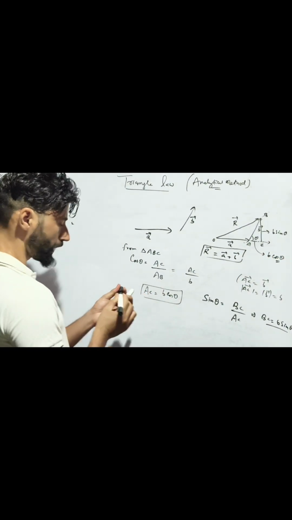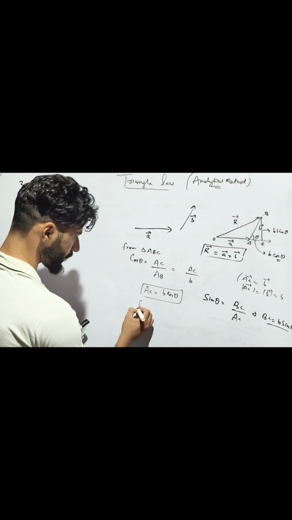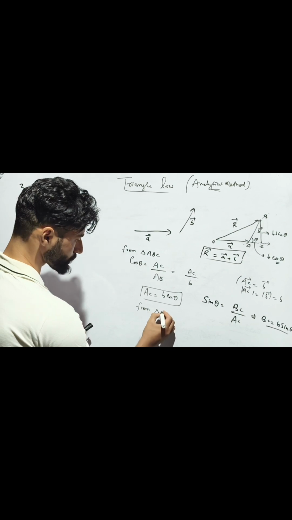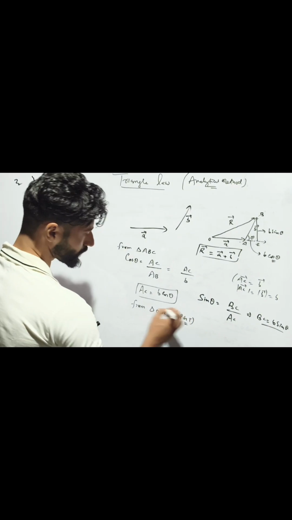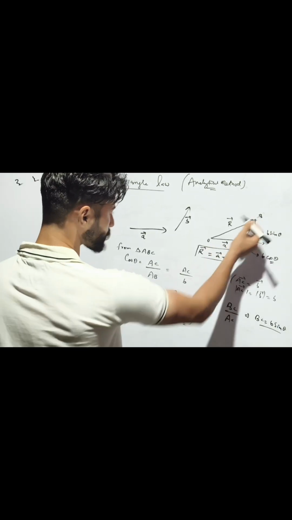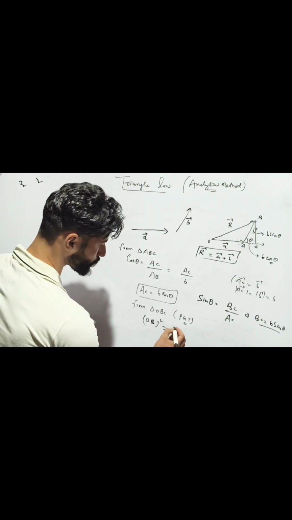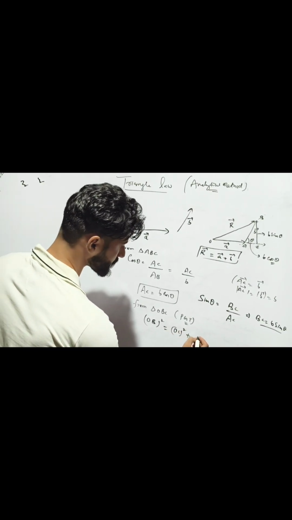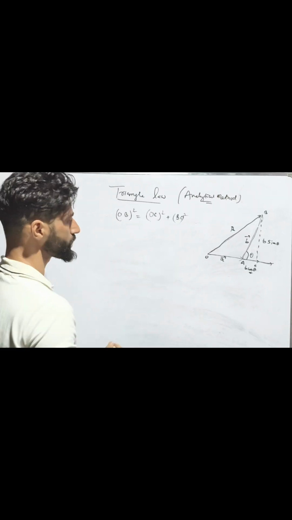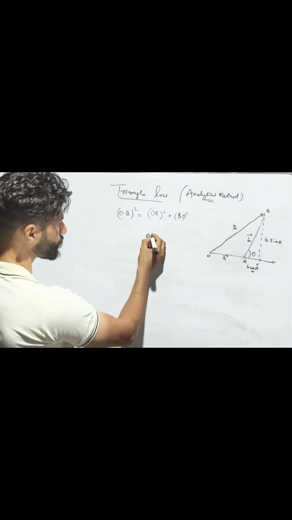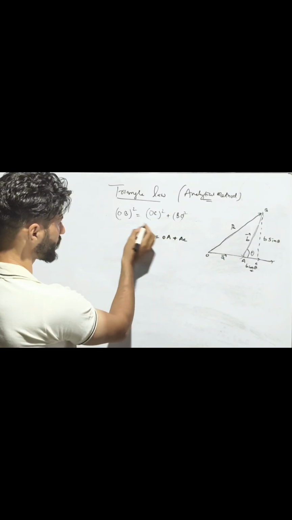Now I will take triangle OBC. From triangle OBC, I will use Pythagoras theorem and write OB square is equal to OC square plus BC square. Since OC is equal to OA plus AC, I can substitute it here.